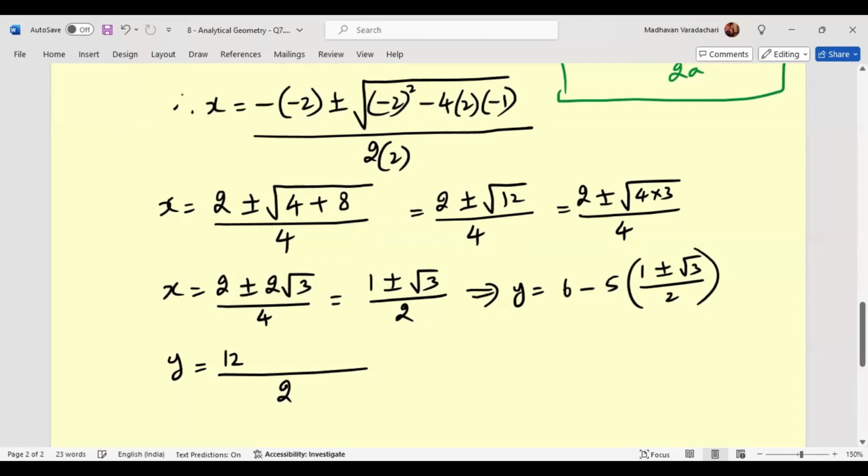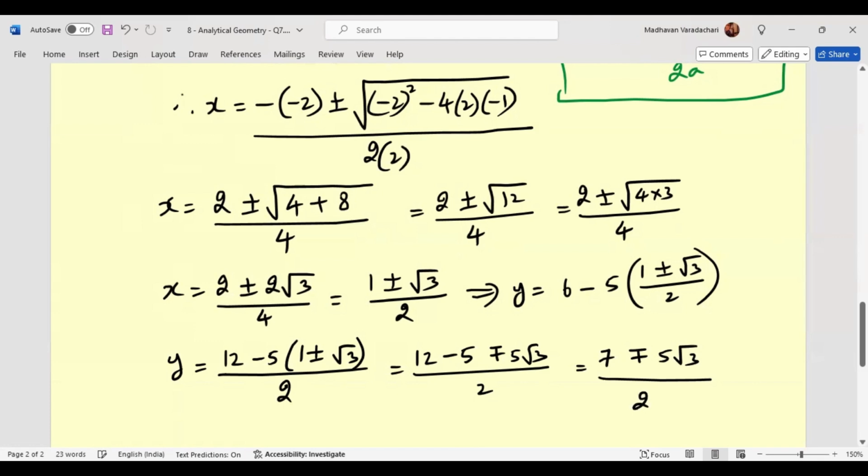So this becomes 12 minus 5 times 1 plus or minus root 3. That is equal to 12 minus 5, minus into plus or minus, it becomes minus or plus 5 root 3 by 2. That becomes 7 minus or plus 5 root 3 by 2.